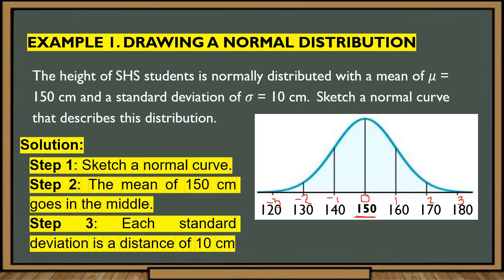The values to the right of the mean are going up, so we can say that they are increasing. So this is how we illustrate the normal distribution with a mean of 150 centimeters and a standard deviation of 10 centimeters.